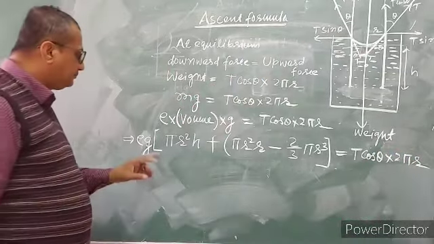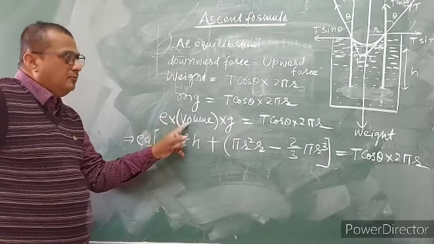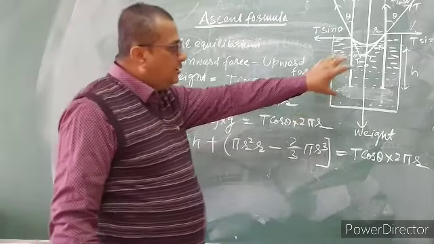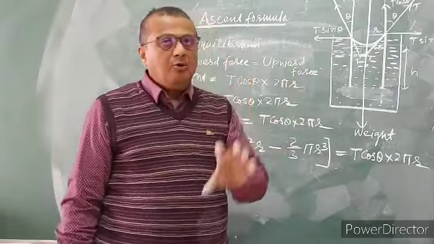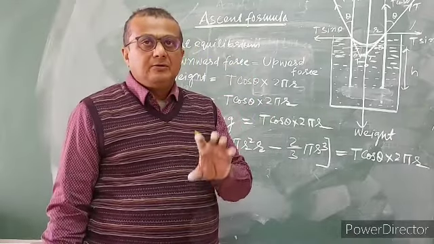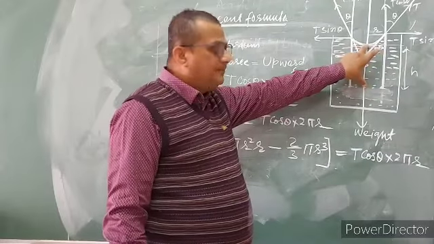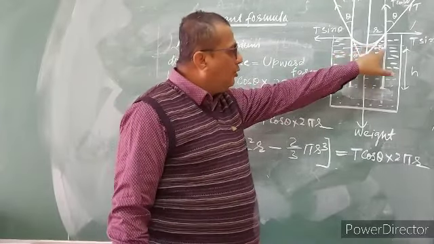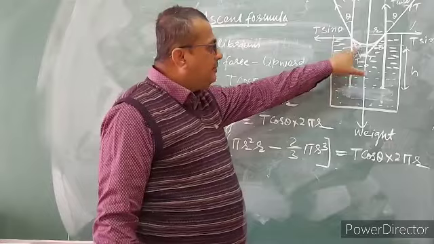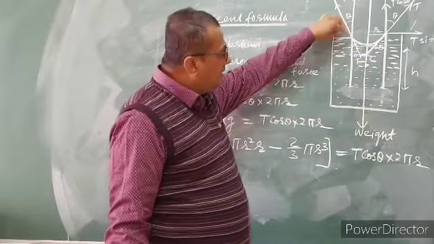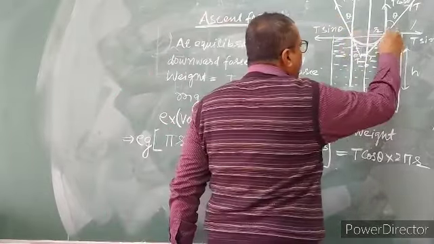Once more, how will you calculate the volume? Actually, you have to calculate the volume of fluid, which part is taken up. First of all, take the volume of this, that will be pi r square h. Again, take the volume of this part.